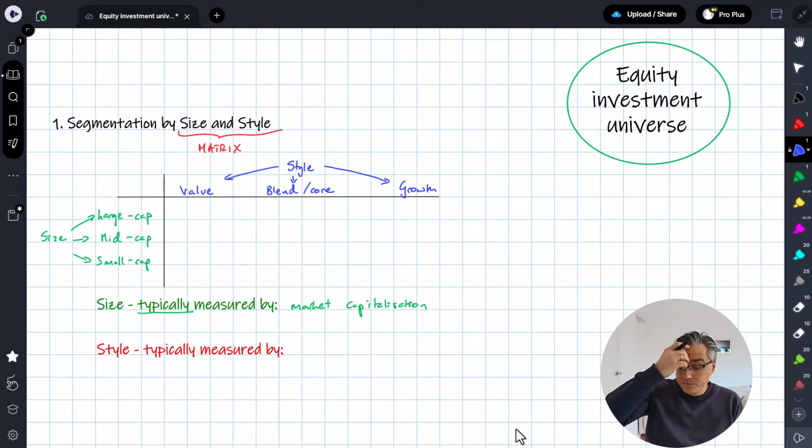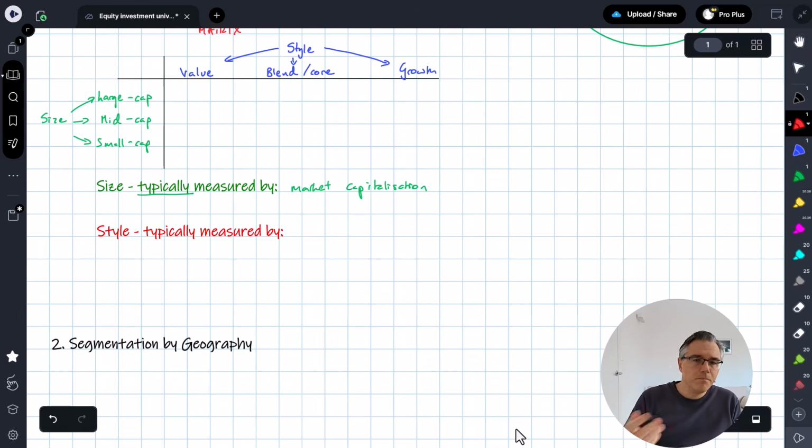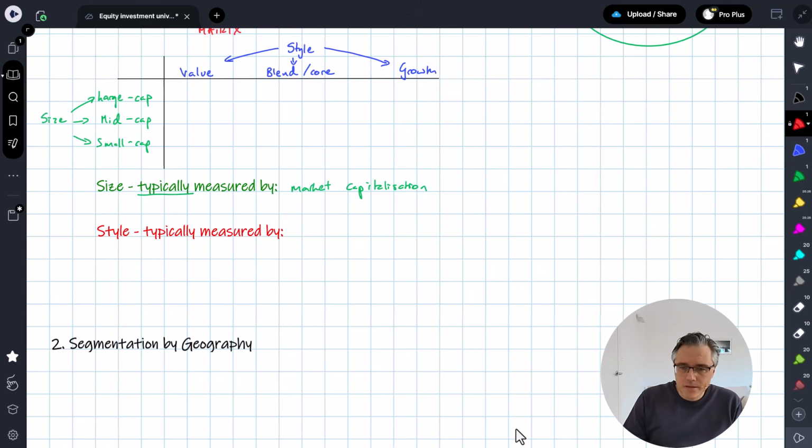So let me remind you how we measure or quantify a style. Typically, what we will be looking at is the adoption of some kind of scoring system.